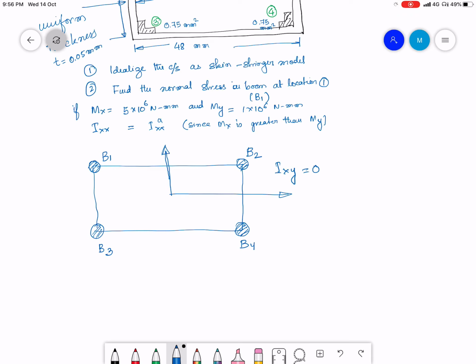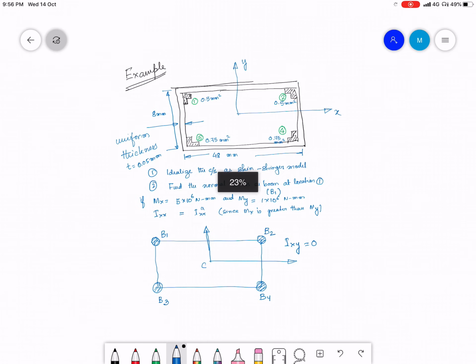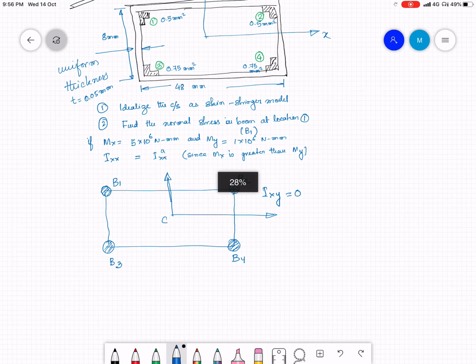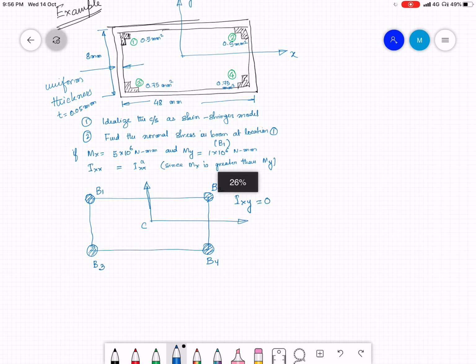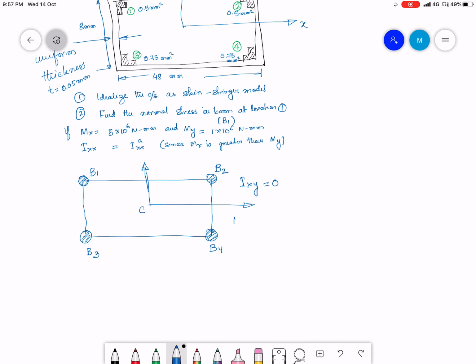Okay, so before finding out the location of the centroid, let me find out the areas of the boom. So this is going to be the idealized cross section. I don't know what is happening today with the Zoom thing. Anyway, so this is the idealized cross section.